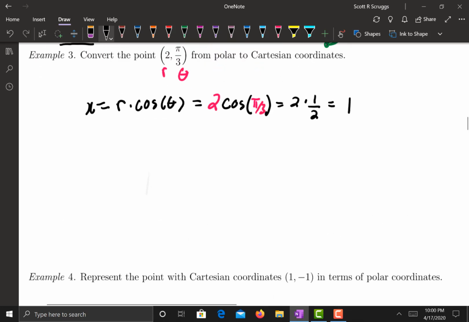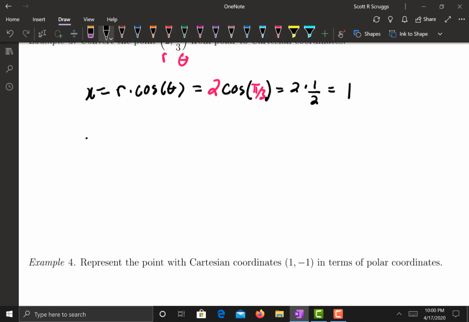Now let's do that again, for y. Again, that is the parametric equation r times sine of theta. Again, I'm going to substitute in 2 for r, and pi/3 for theta.